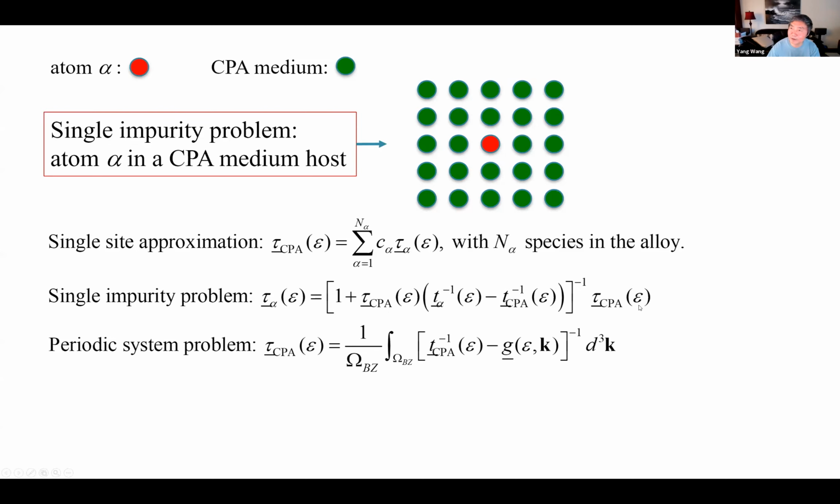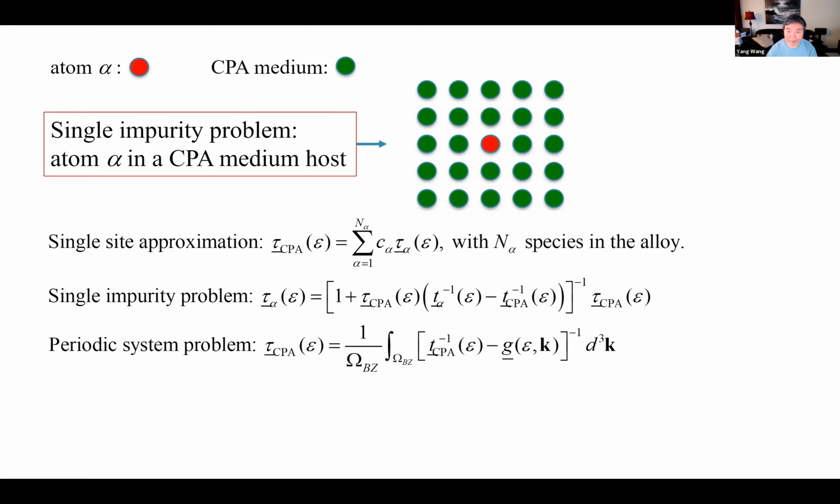If we know T CPA, the T matrix that represents this CPA atom, we know how to calculate tau CPA. That's the expression I gave you a few slides before, right? That's how we calculate the tau matrix for this perfect crystal where every site is occupied by this effective medium CPA.